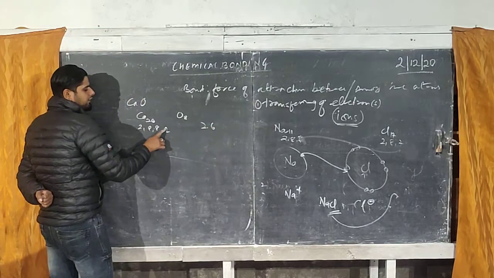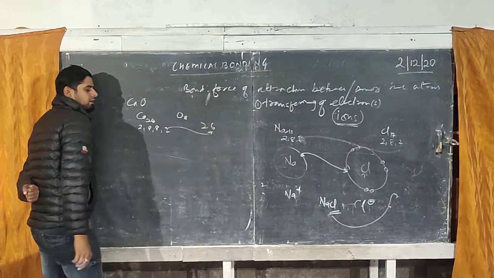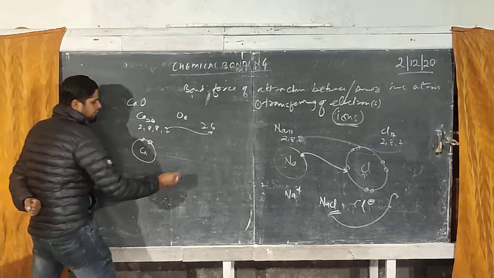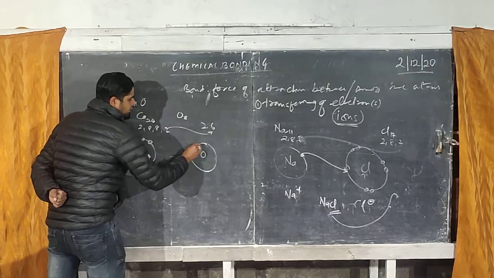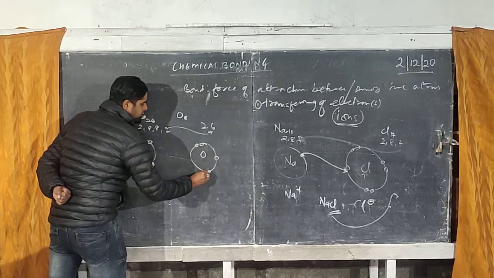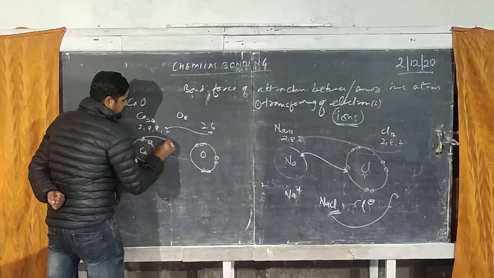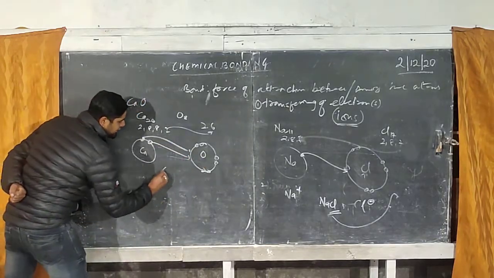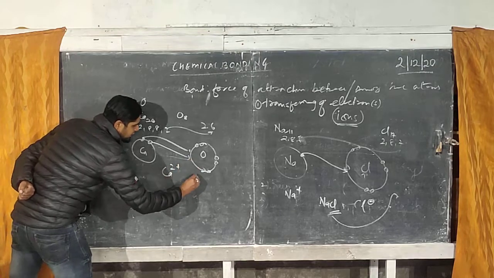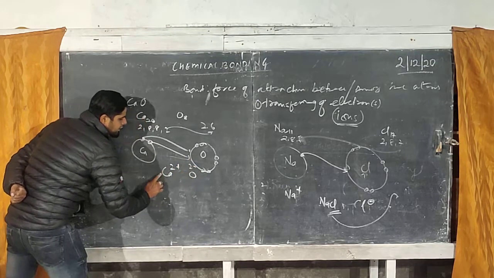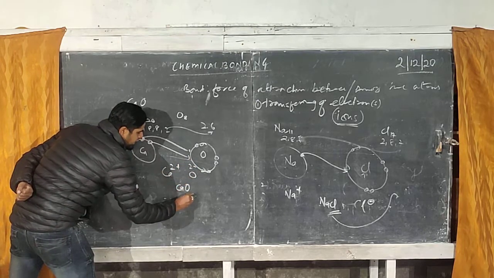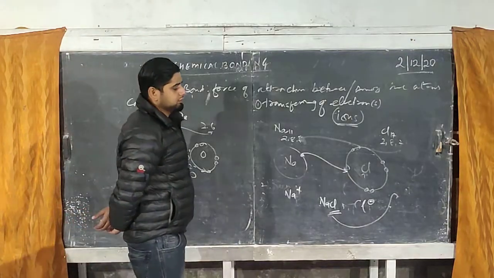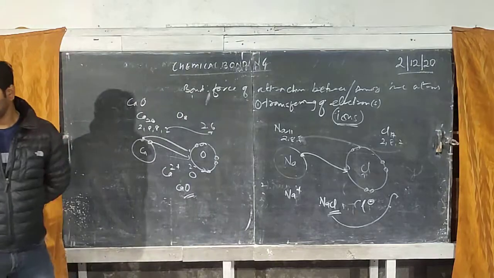Calcium has 2 electrons in its outermost shell, oxygen has 1, 2, 3, 4, 5, 6. Both these electrons are transferred from calcium to oxygen. Calcium becomes Ca 2 plus, and oxygen gains them to become O 2 minus. So there is a formation of CaO like this. Got it?